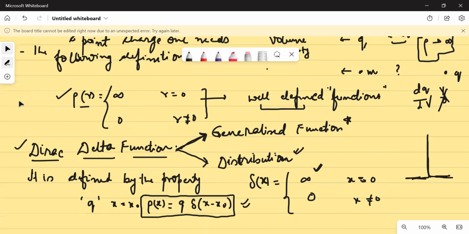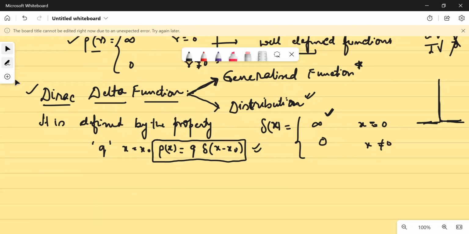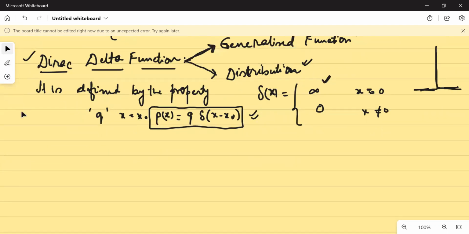So what is a Dirac delta function? I'm reiterating: the Dirac delta function is defined by the property that delta of x is infinite at x equal to 0, and at x not equal to 0, it is equal to 0. Further, another property is that this spike, as you can see, covers a certain area, and that area is normalized to unity.